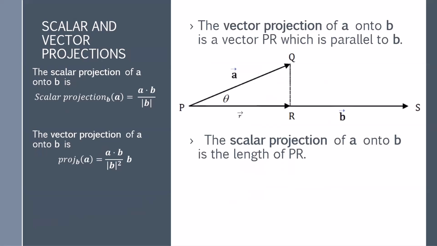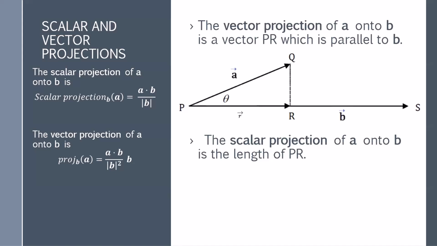This leads to the idea of a scalar projection and a vector projection. The scalar projection of A onto B is given by A dot B divided by the length of B. So the scalar projection of A onto B is the length of vector R in the picture.